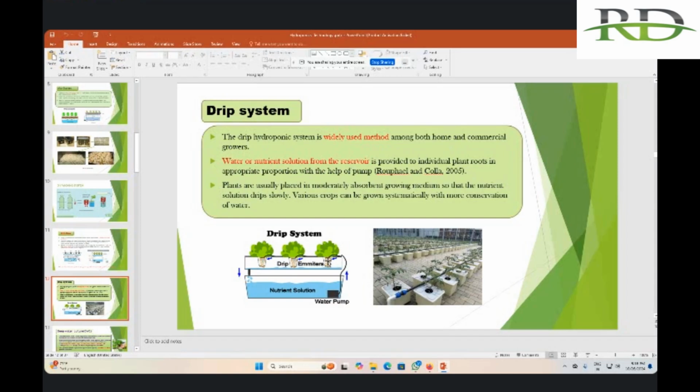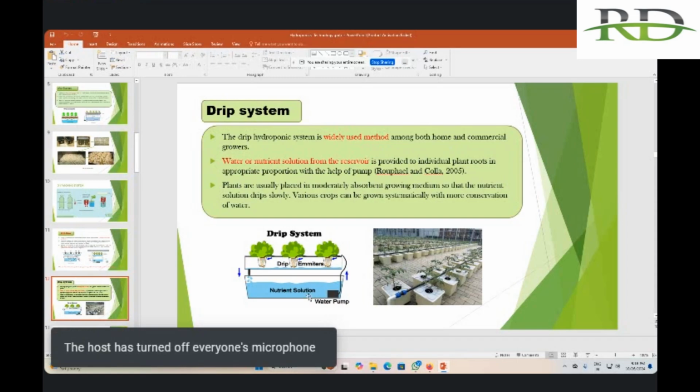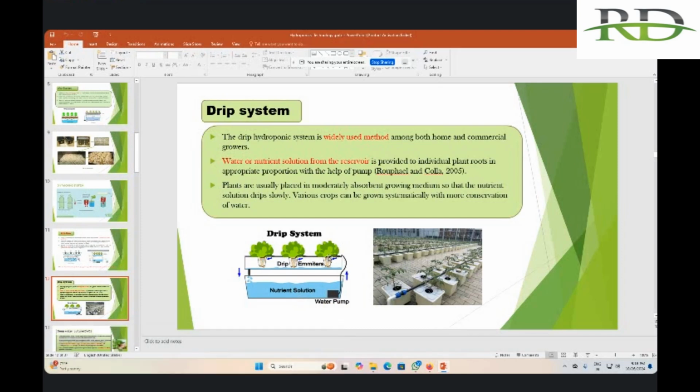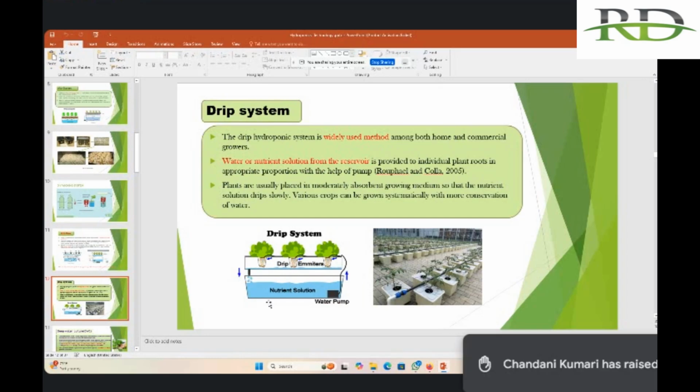We give water to the individual plant drip-wise. The nutrient-rich solution is taken through the pipe and given drip-wise, so it saves water also, and the excess water is drained back to the nutrient solution. So it is a widely used method for both home and commercial growers, and water is used efficiently.